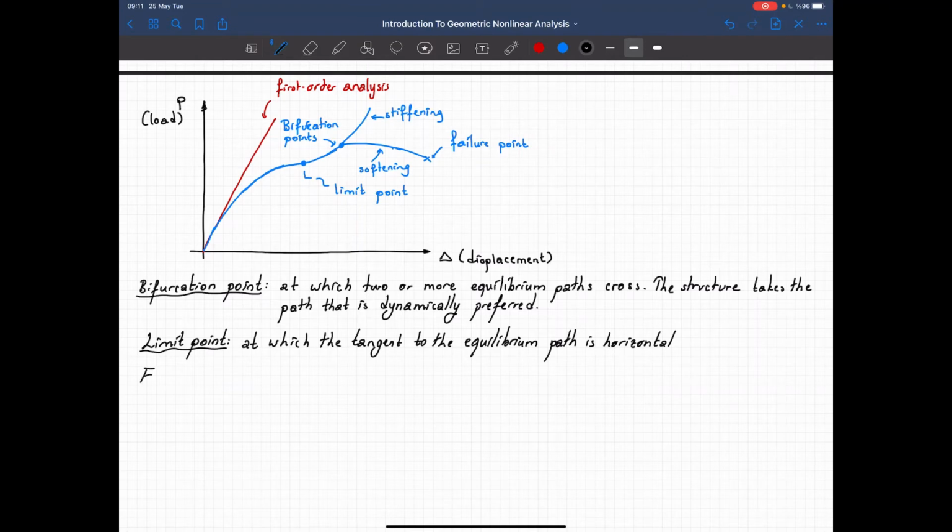We have a failure point. The point at which a path suddenly stops or breaks due to a physical failure.